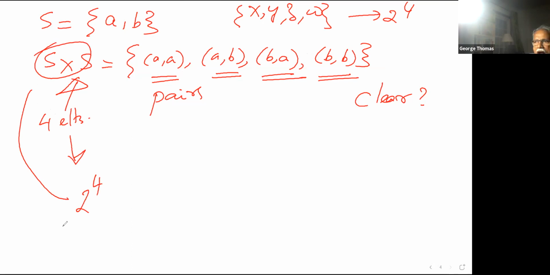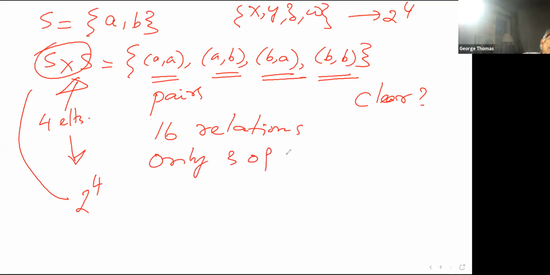Okay. Out of those, something funny happens. You have 16 relations. Out of that, the partially ordered relations, there are only 3. Let me show them to you.